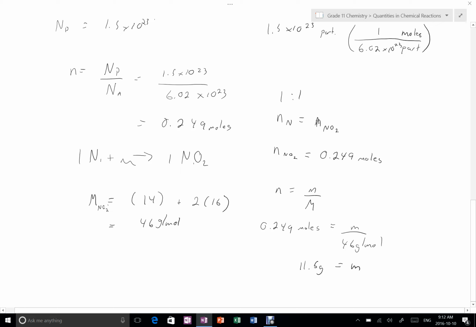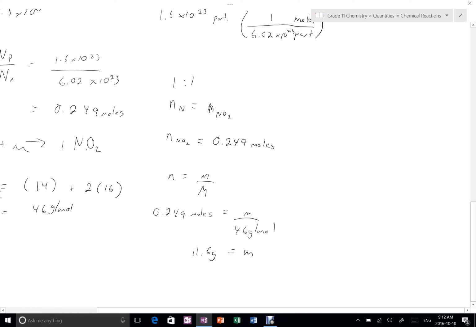So that's one way to figure it out. Or again, I want to convert from moles to grams. For every 1 mole, I have 46 grams, and so I can convert. 11.5 grams again.